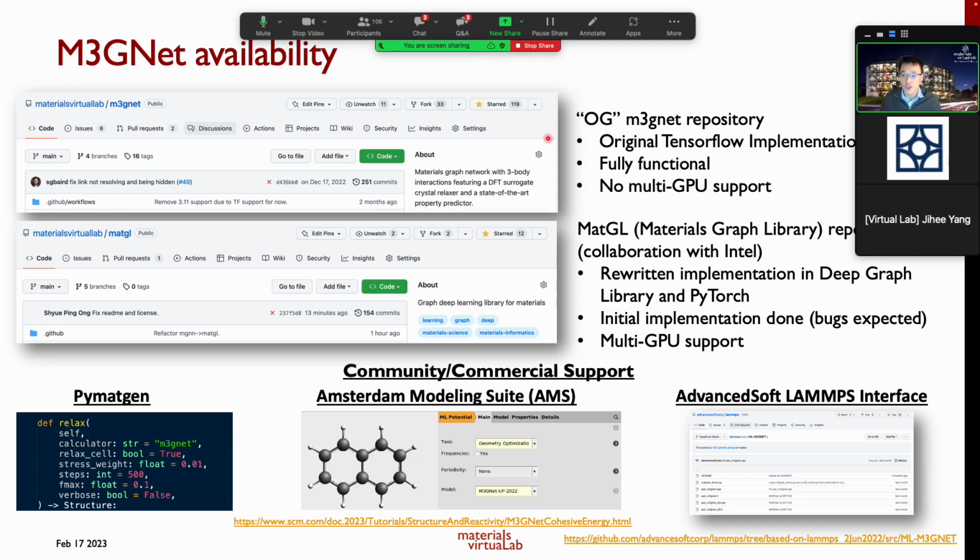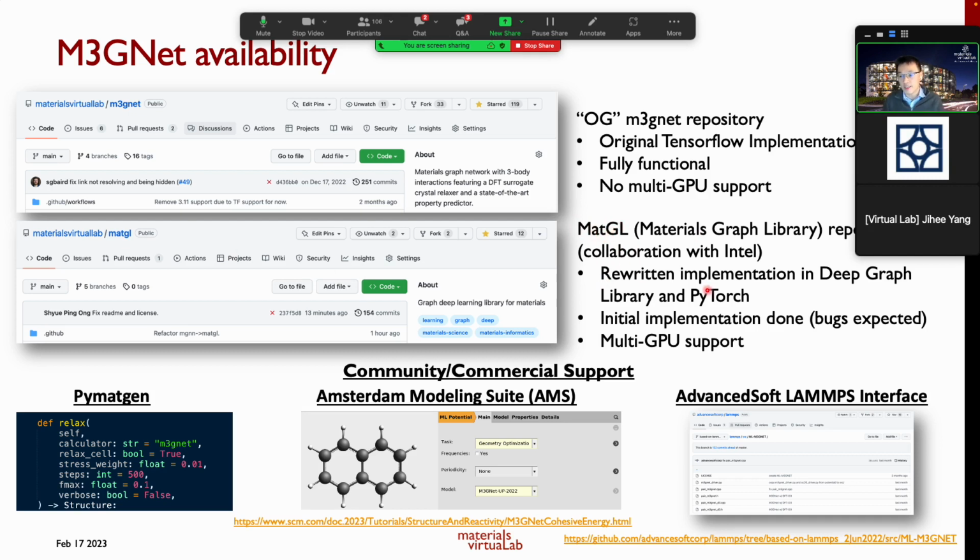This is the original M3GNet repository. It is implemented in TensorFlow. It is already fully functional, but there's no multi-GPU support, right? We are actually working with Intel right now to re-implement M3GNet in Deep Graph Library and PyTorch. Okay, this repository is called MatGL.